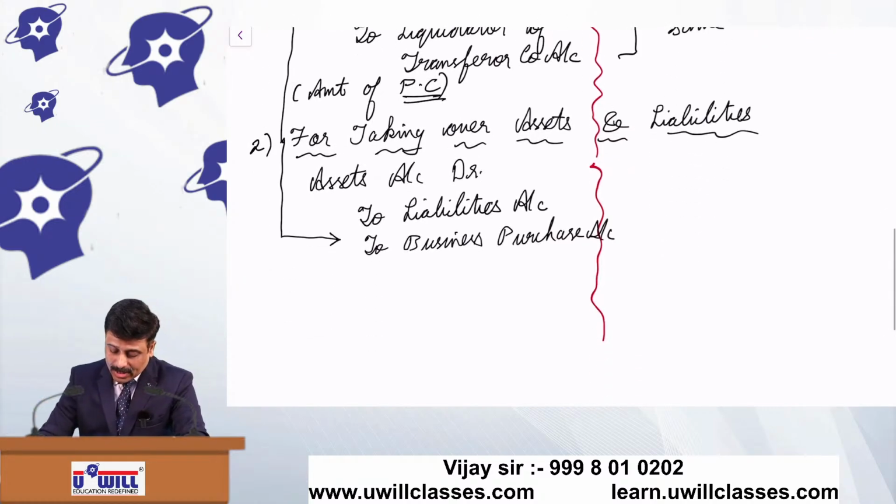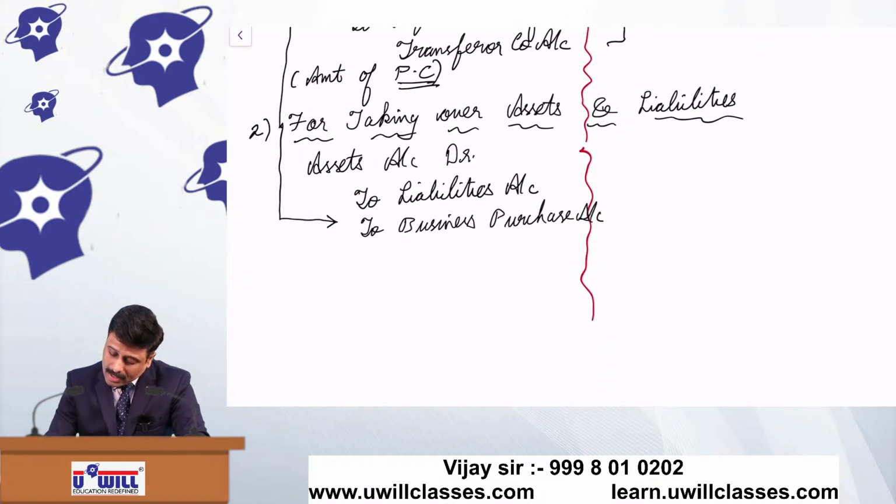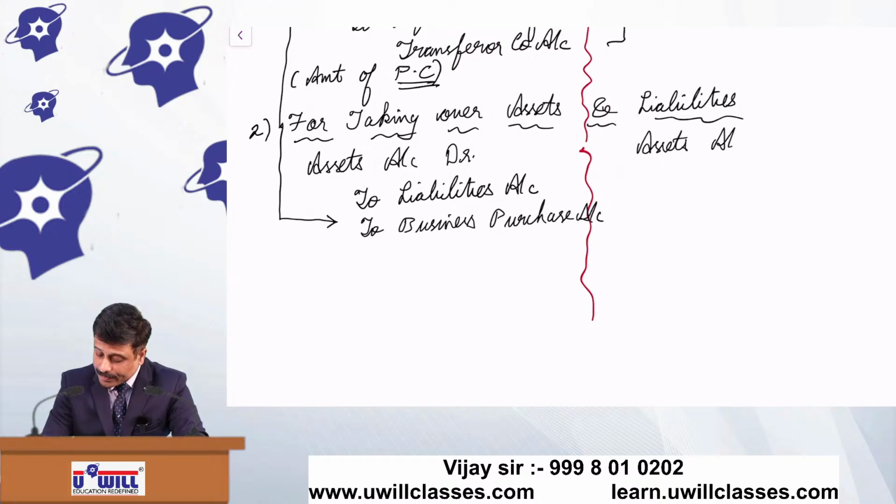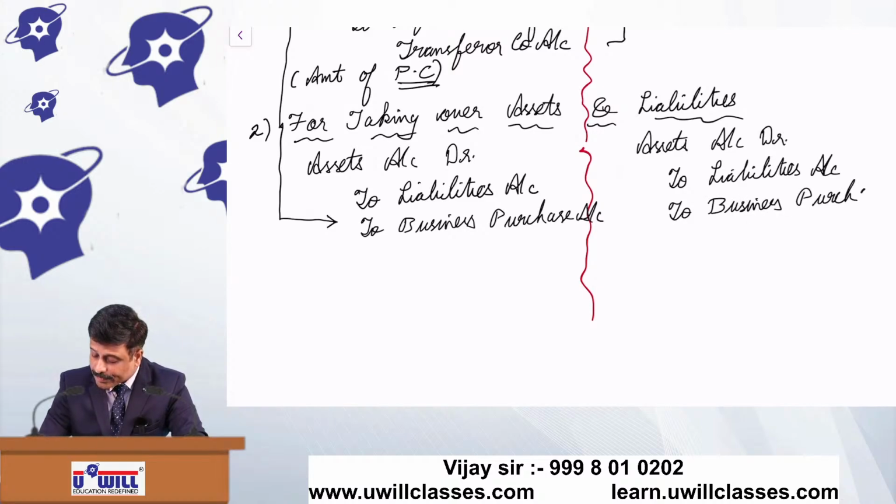Now the difference, what will it be? Here also the entry will remain same. Assets account debit to liabilities account to business purchase account. So entry in both the situations will remain same only.